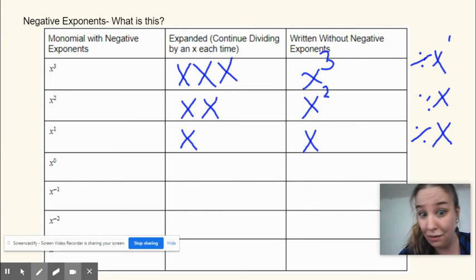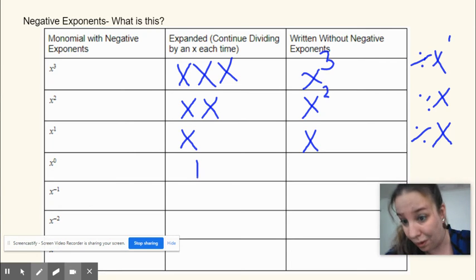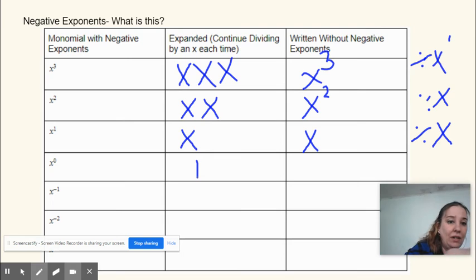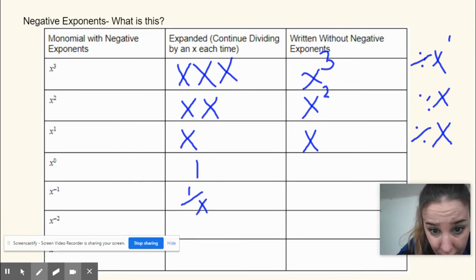Anything divided by itself is 1, which is why anything to the 0 power is 1. Let's take that one step further. We're going down in our numbers over here on the left. Now we've entered negative land. What is 1 divided by x? It's nothing fancy. 1 divided by x.